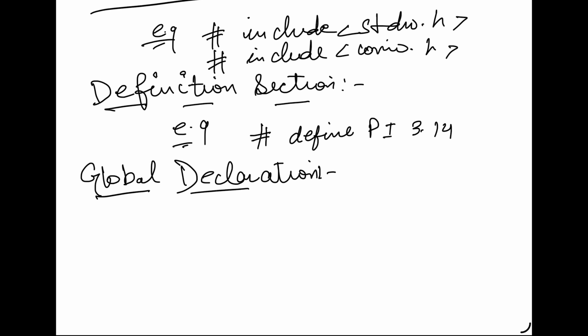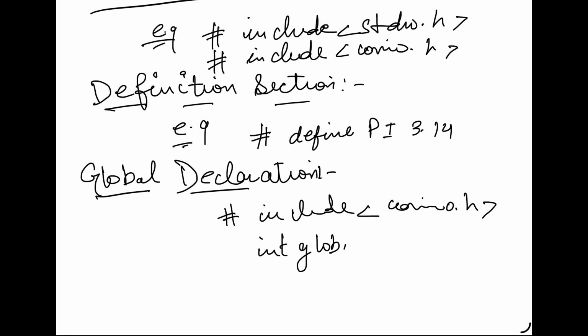Example, #include <conio.h>, int global equals to any, you write any variable, then int main.